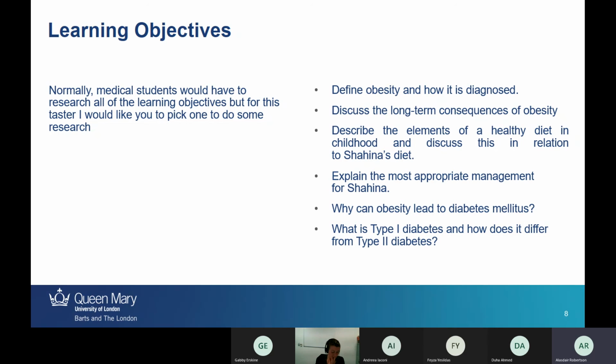I don't think there was any fruit or veg. Full cream milk is not a great thing to do. So you'd be looking at what the healthy diet is and then explaining what might be the issue with Shahina's diet.